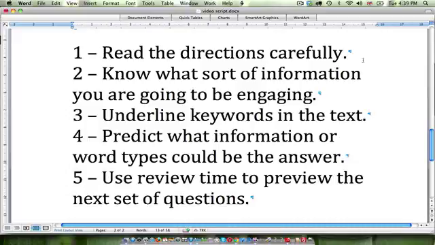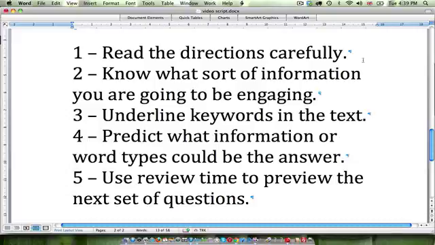So when you're looking at the questions as you prepare for the listening, note what type of data you are going to be listening to. Is it a tour? Is it students talking together? Is it someone paying for a gym membership? And try to prepare yourself mentally for the kind of vocabulary that you're going to encounter.